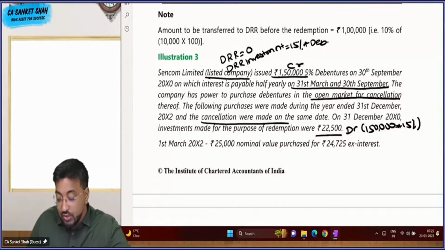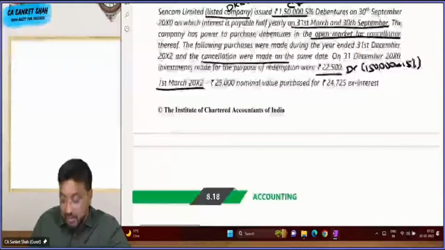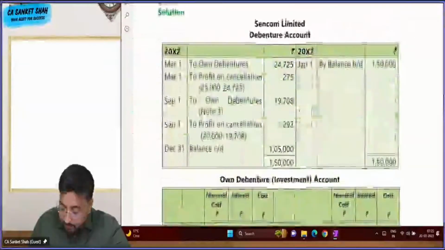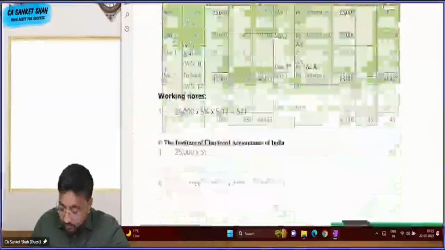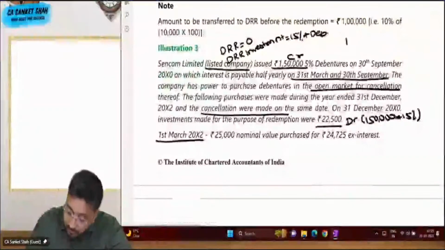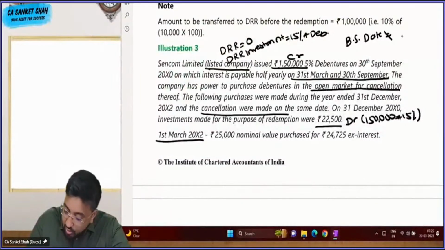1st March 2002, 25,000 nominal value were purchased for 24,725 ex interest. So beta, what happened on 1st March 2002? When your balance sheet date is given, beta, 31st of March or December? 31st of December. Okay. So beta, balance sheet date is not equal to interest payment date.